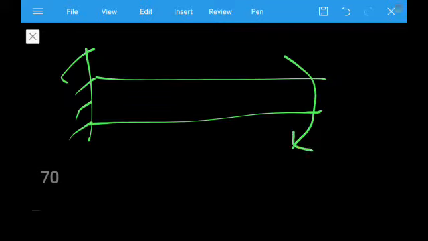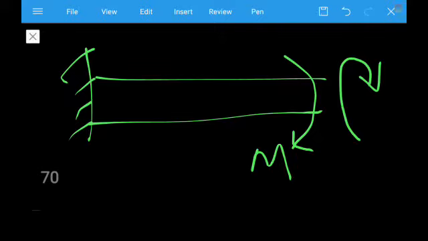This is the bending effect, and this is the torsional effect of the pin.